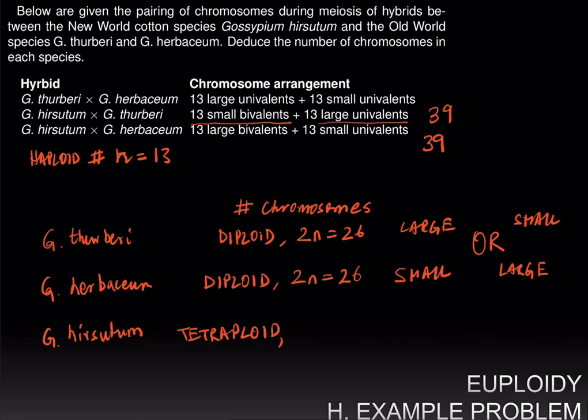Since 13 of the 39 chromosomes are from either Thurberry or Herbaceum, the number of chromosomes in the gametes from Hirsutum is 26.